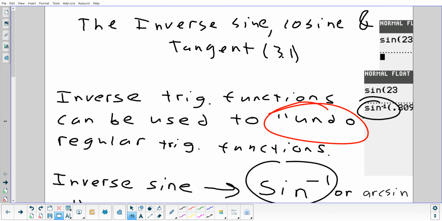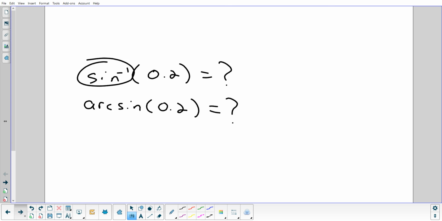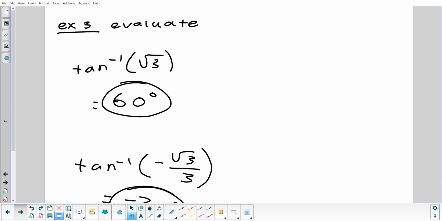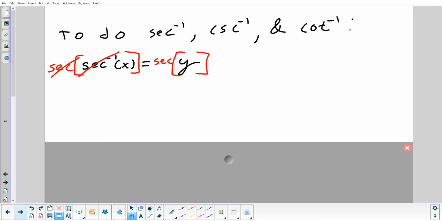It's like taking a number and then doing +6 and then doing -6. Well, you can just cross out the +6 and -6. It cancels out. So what you have here is that. If you take the secant of each side, it's going to cancel out the inverse secant, and now you have x equals secant y.